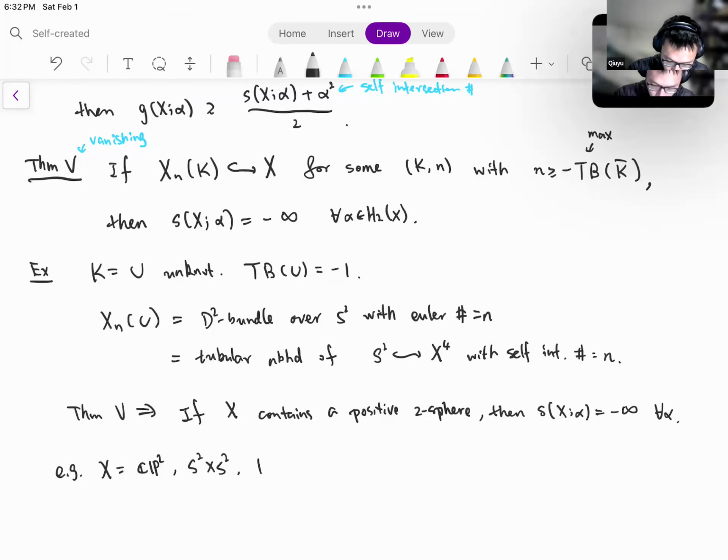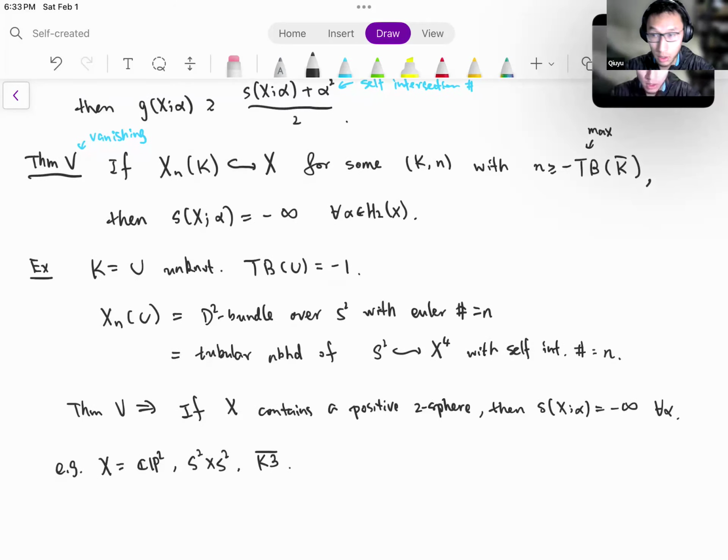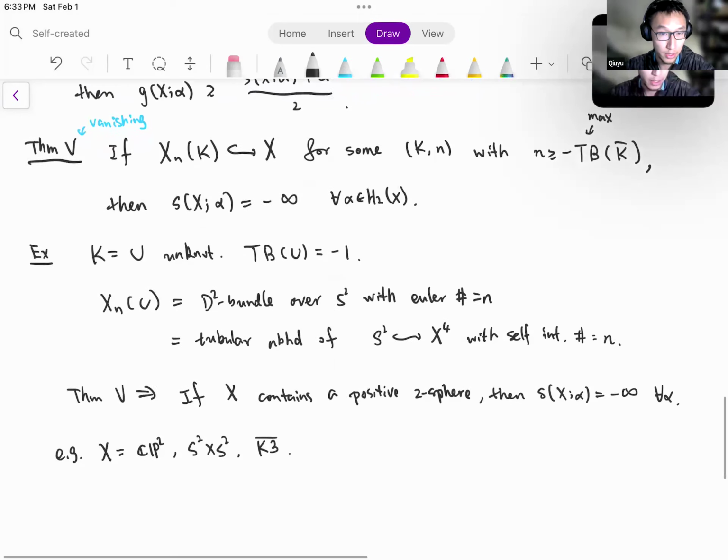And you can also take the K3 surface, but with the orientation reversed. That also turns out to have a positive two-sphere with self-intersection 2. So theorem V implies that all those manifolds will have vanishing Lasagna S invariants.